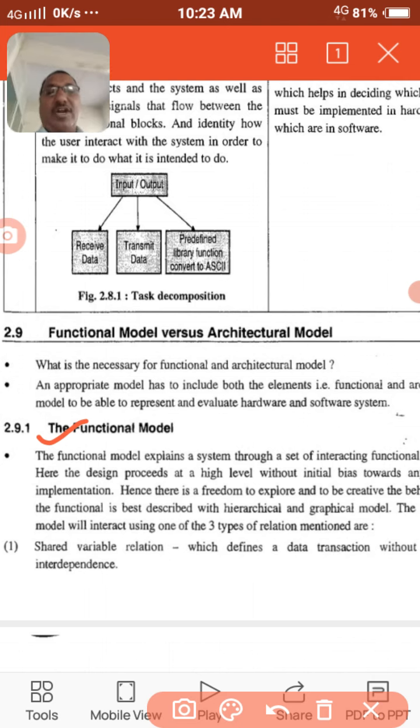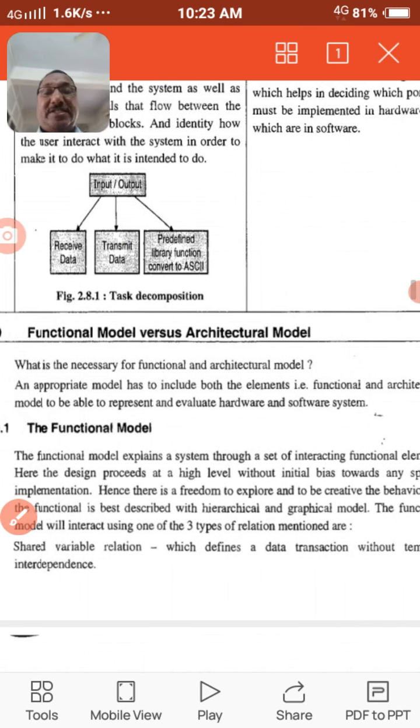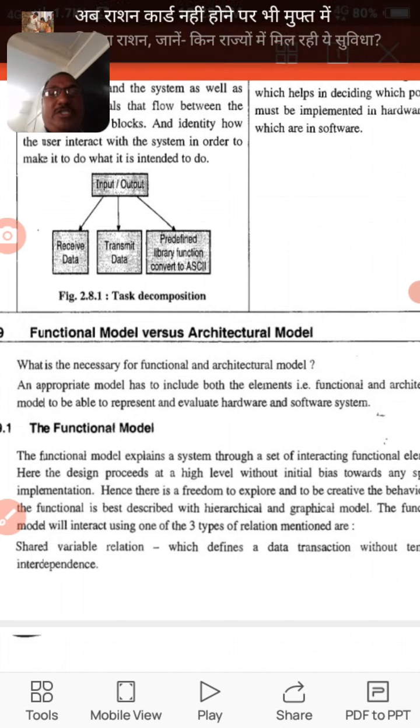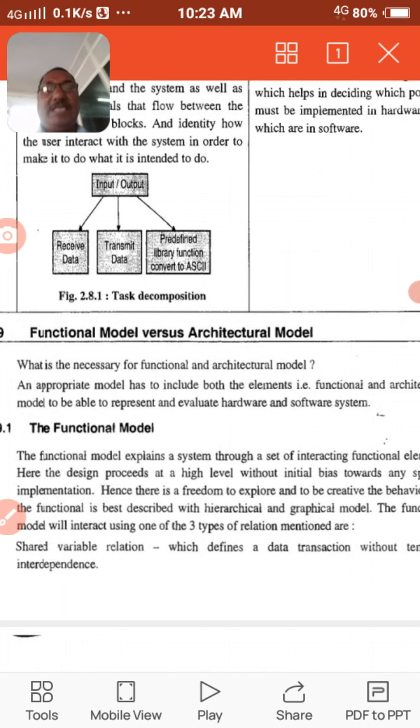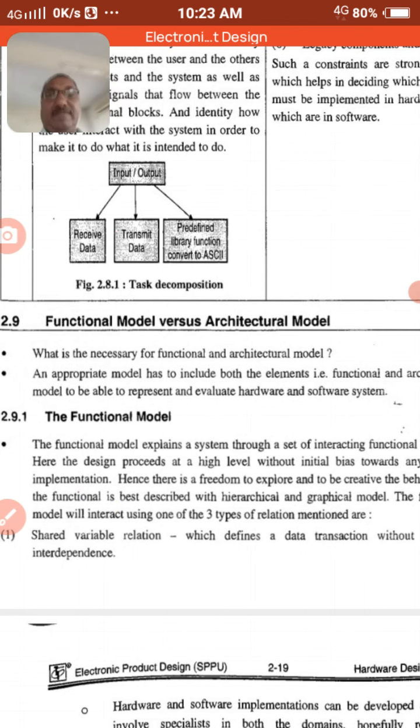The functional model explains a system through a set of interacting functional elements. Here the design proceeds at a high level without initial bias towards any specific implementation.